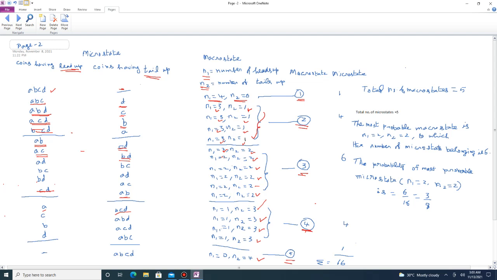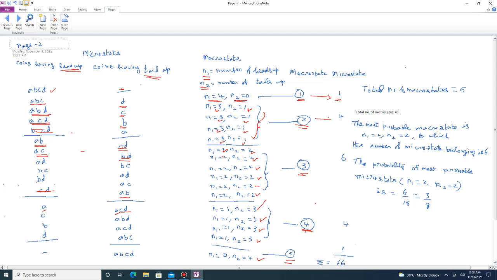So the total number of macrostates is 5, and the total number of microstates is what you get once you add all these things. There is one microstate corresponding to the first macrostate.